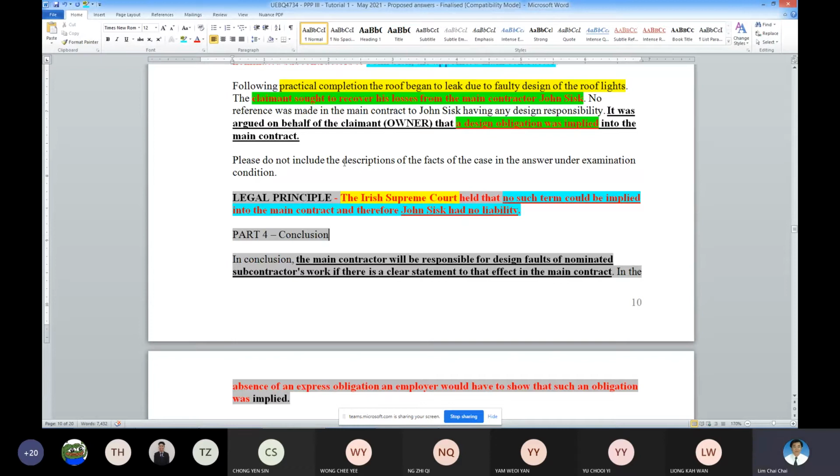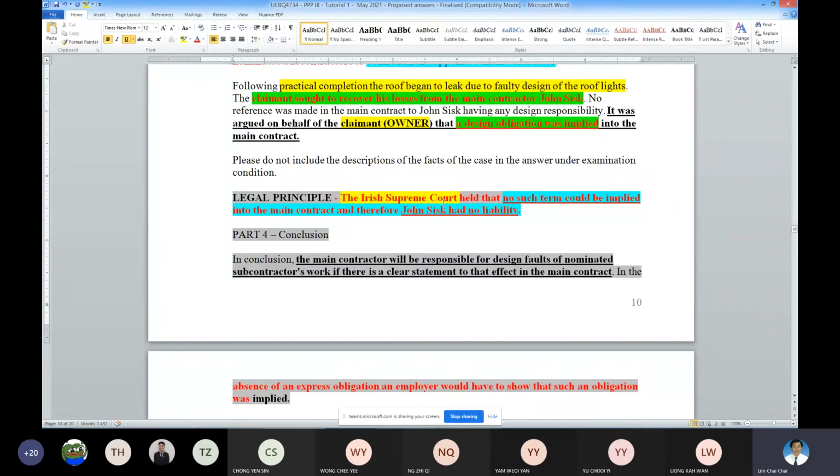So this case shows that even the implied term proposed by the owner of this project, the Supreme Court of Ireland did not agree with the owner's interpretation. That's why I say these are all temporary interpretations. This is the supreme interpretation.